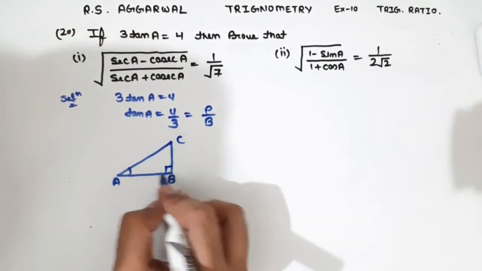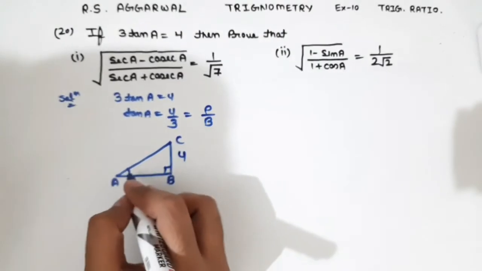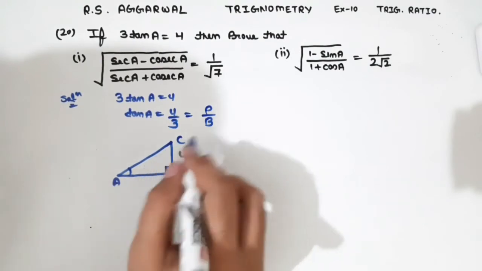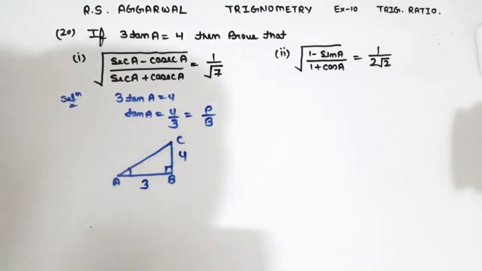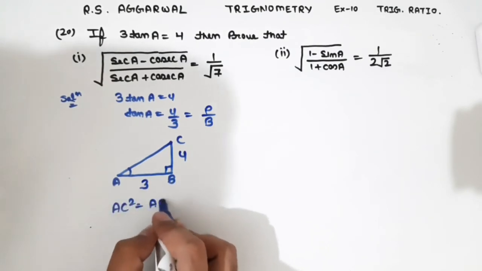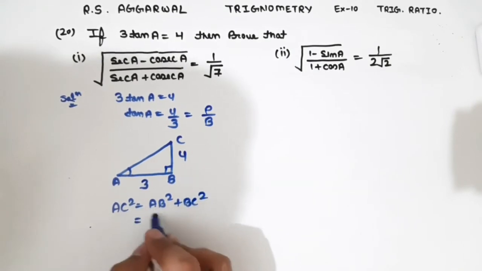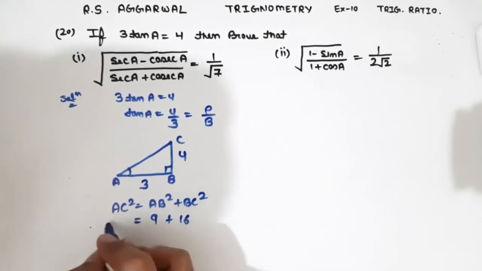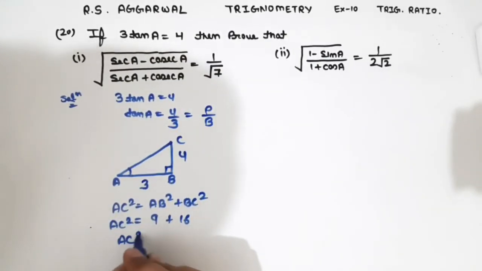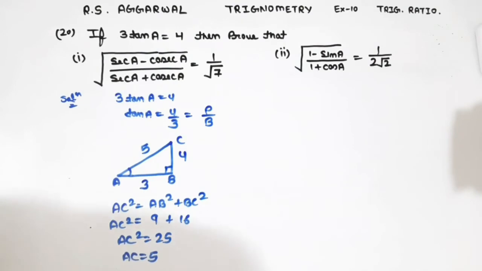This is angle A. So with respect to angle A, our perpendicular will be BC, that is 4, hypotenuse will be AC, and base will be AB, that is 3. So AC square will be equal to AB square plus BC square. So AB square will be 9 and BC square will be 16. So from here AC square will be 25, so AC will be 5. That is our hypotenuse.